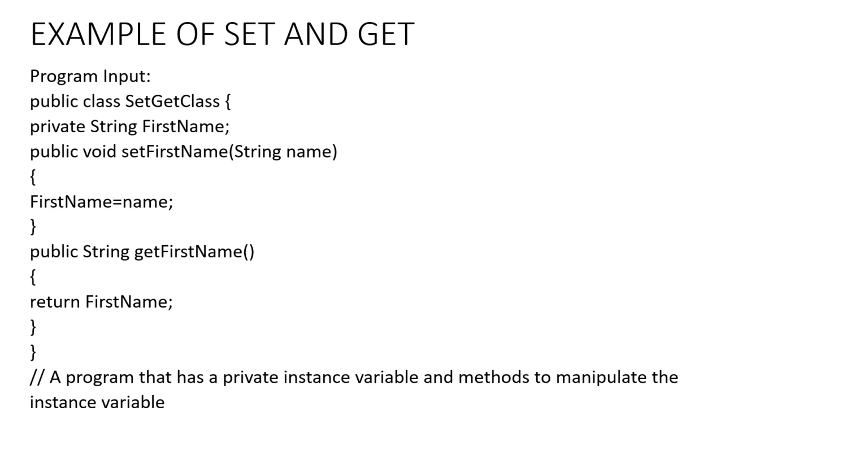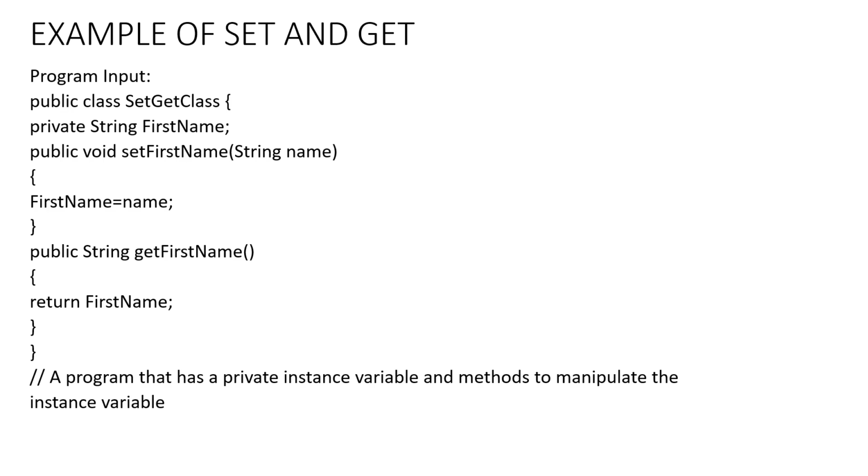Now let's go to the get. Public String getFirstName. The access modifier used there is public. Don't forget that the get method is to manipulate the instance variable, which here is the first name.